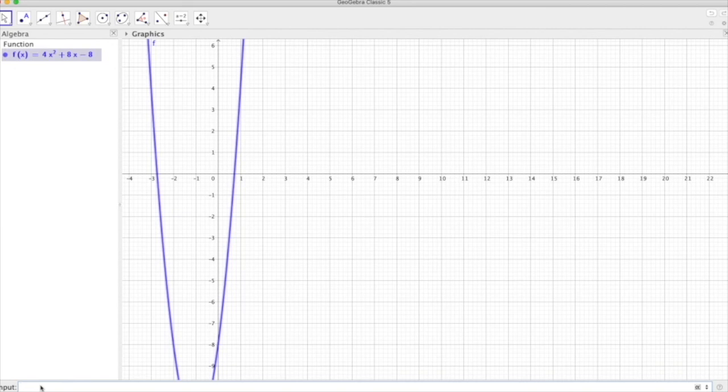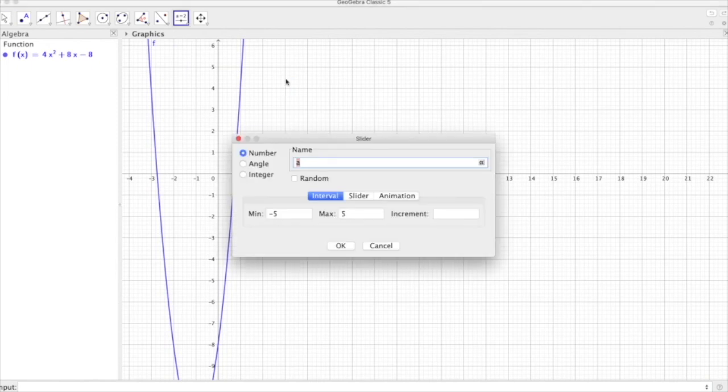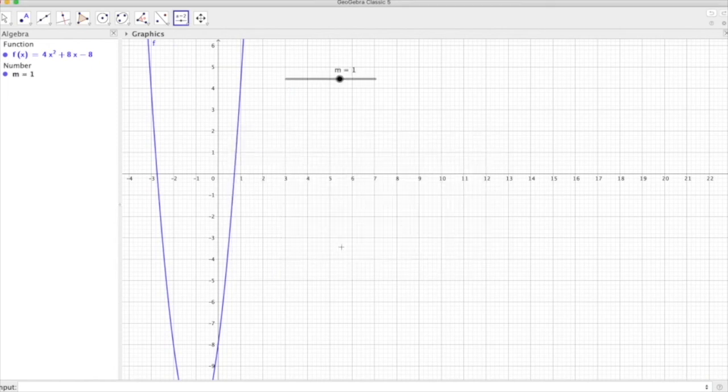For the right hand side we need a variable value m, so we're going to add a slider, call it m. Okay, then we must click on the arrow so we don't get more sliders next time we click. So now we type in m times 4x minus 3, and as expected we get our line.